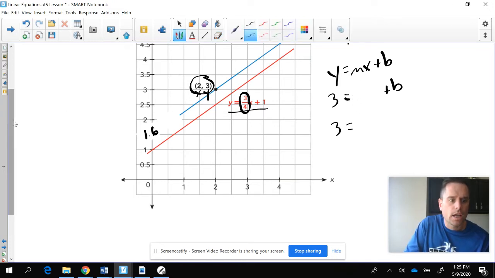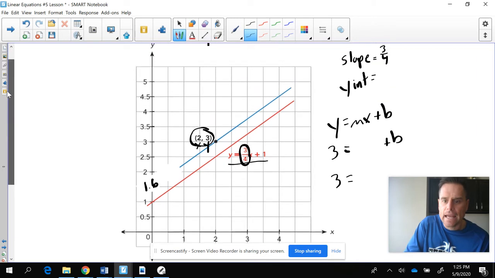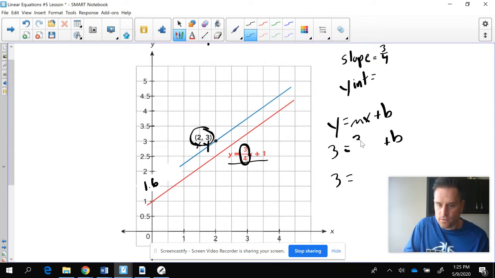The slope is 3/4. The x on the parallel line is 2. I'm going to put that as 2/1, and I'm going to put that as 6/4. That's equal to 6/4, which is equal to 3/2. Isn't that the same thing as 1.5?